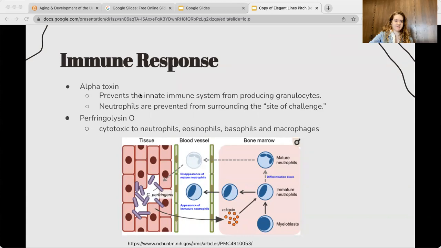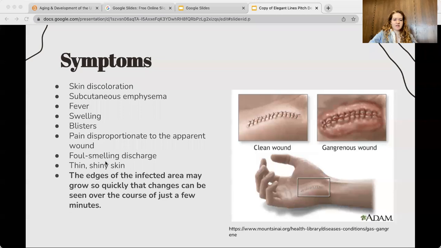And then this diagram on the slide kind of shows how the immune response progresses. So the symptoms, the skin begins looking normal, and then it becomes pale, and then gray, and then purplish red. And you can kind of see that purplish red in the diagram.